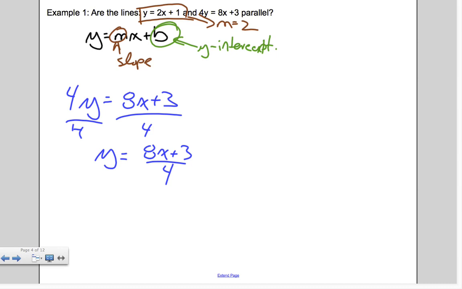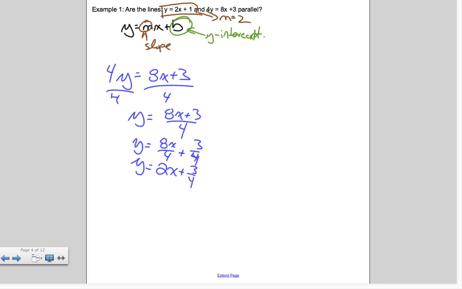No, because it's not in the y equals mx plus b form. So we want to break up that 4. We get y is equal to 8x over 4 plus 3 over 4, and we can simplify this to be 2x plus 3/4. So here we can see that this equation has a slope of 2 as well. Therefore the two lines are parallel.